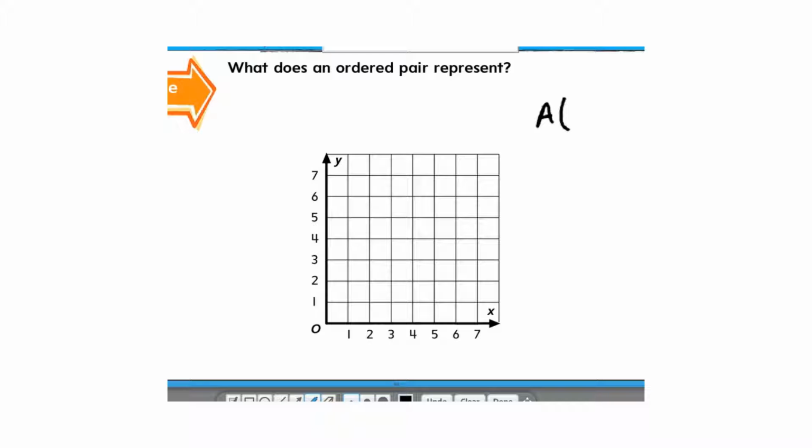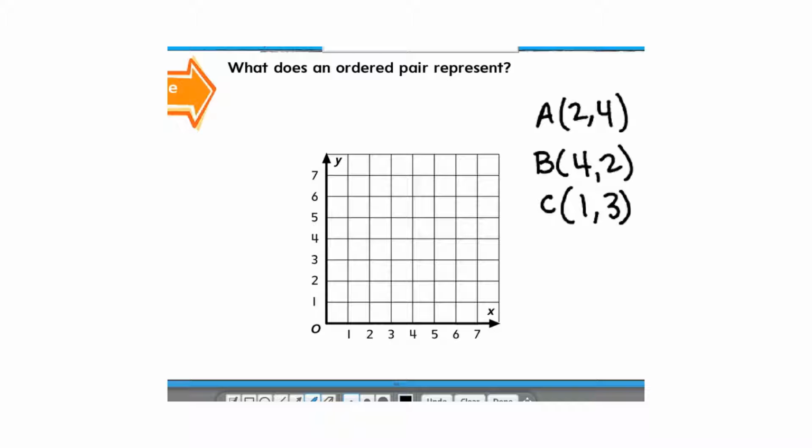So point A would be ordered pair 2, 4. Point B would be ordered pair 4, 2. And point C, let's make it ordered pair 1, 3. So we're going to do these ones together. You need to write this. We're going to do these ones together, and then I'm going to give you a few that I want you to do on your own.